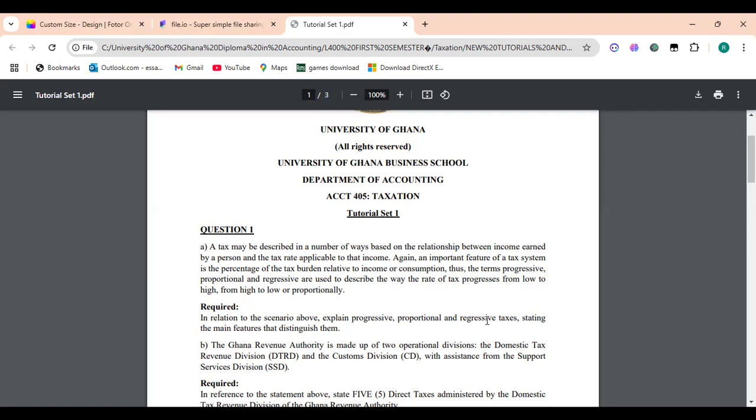An example here can be VAT, value added tax. You can be earning 10,000 and your VAT will be, let's say, 2 cedis, and if you earn 1,000 you'll be paying the same kind of VAT.